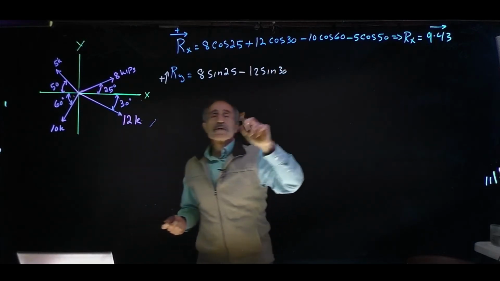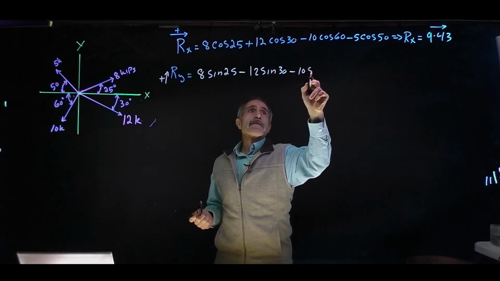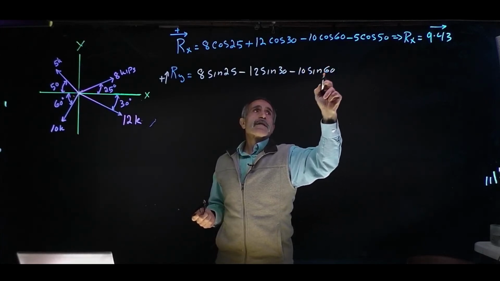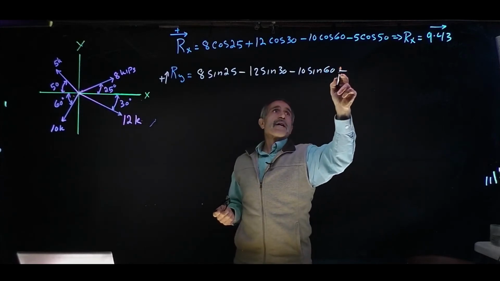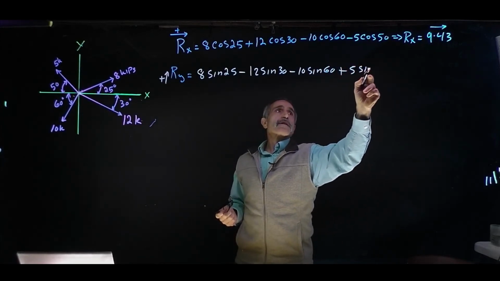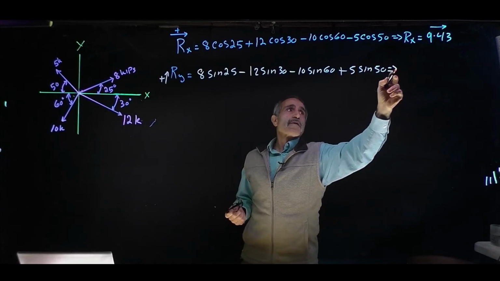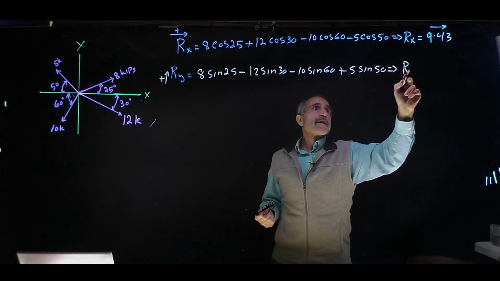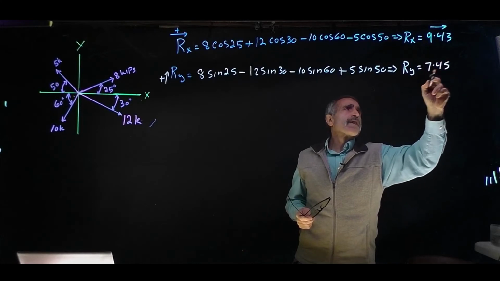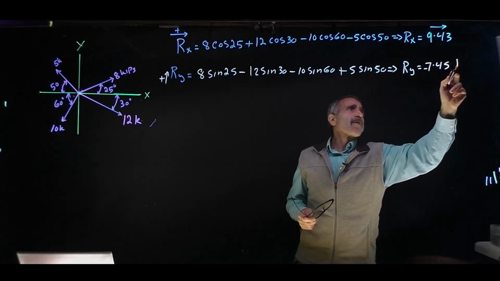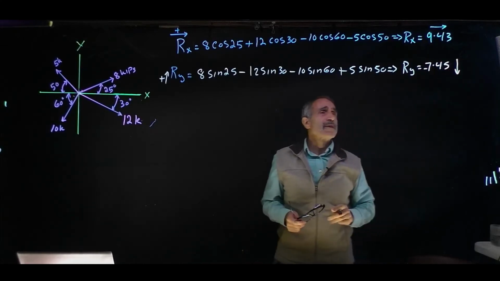Going down is negative again, minus 10 times sine 60. Going up is positive, plus 5 times sine 50, and therefore Ry comes out to minus 7.45. That's a negative number, so all it means is that the direction is going down.